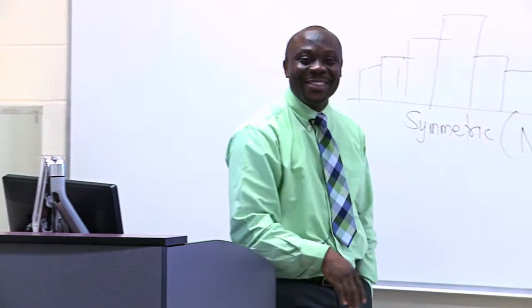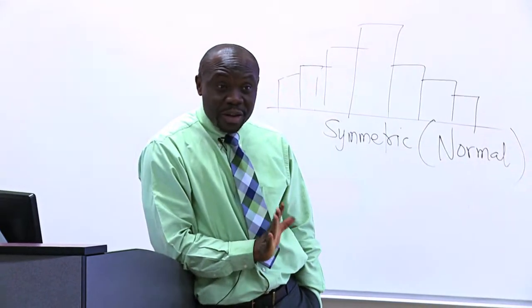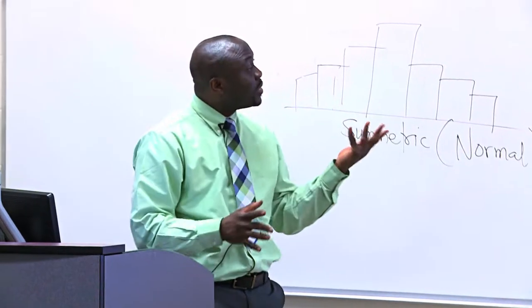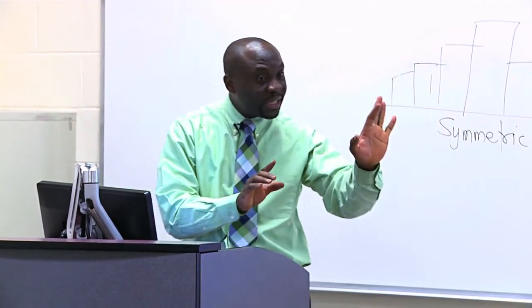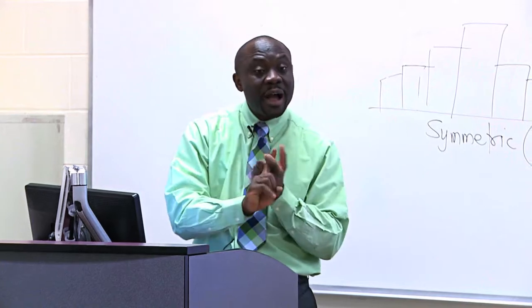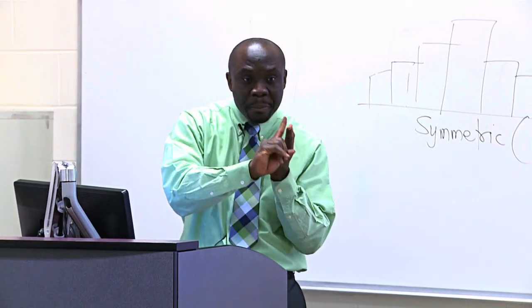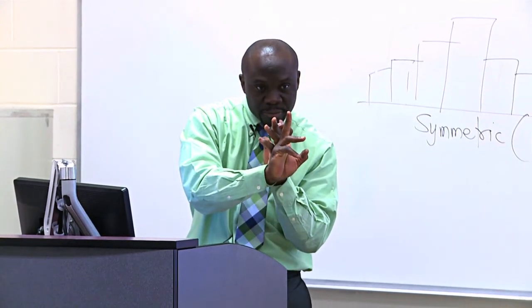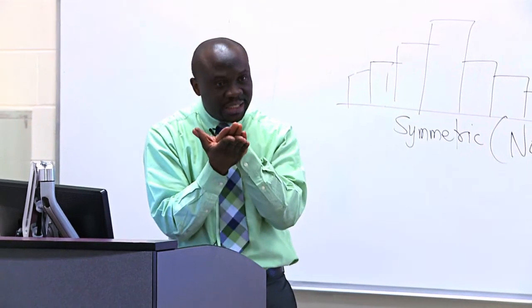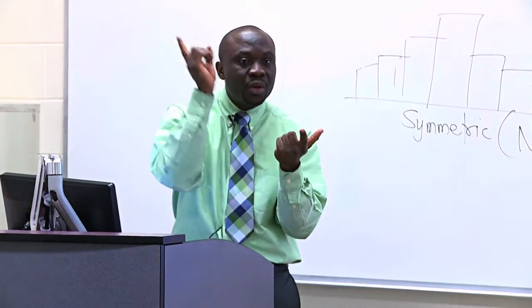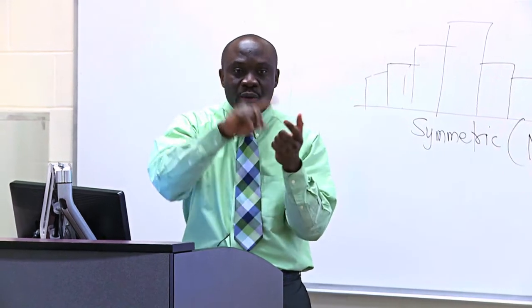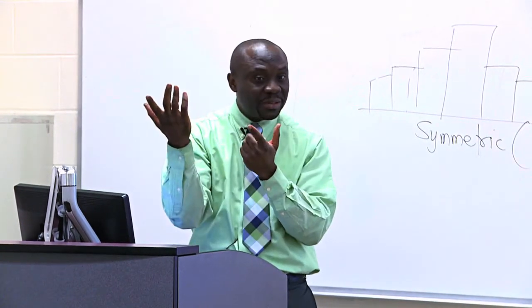All right, so any concerns? We okay with the graphings? To summarize, we said that you have qualitative and quantitative. The graphs for qualitative are pie chart and bar chart. For quantitative, histogram, ogive, Pareto, time series. We talked about the time series last time.